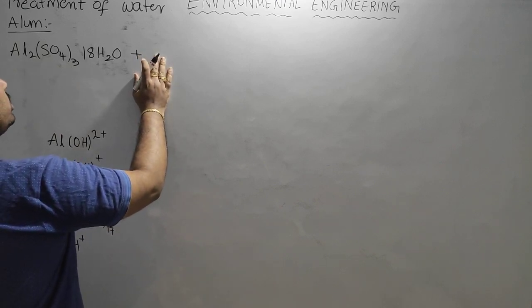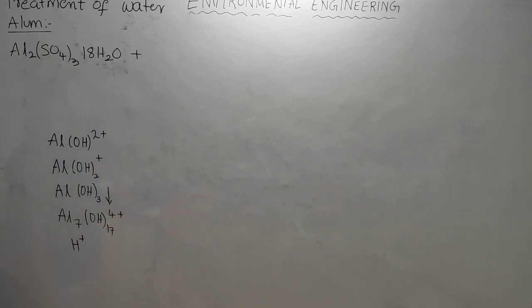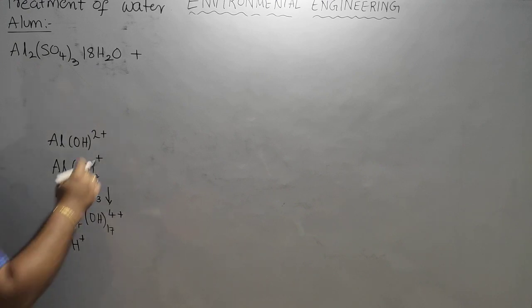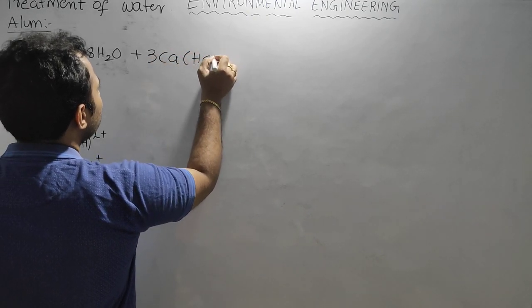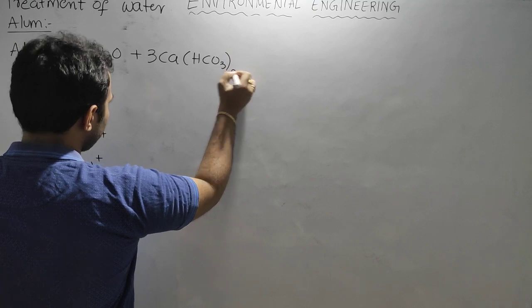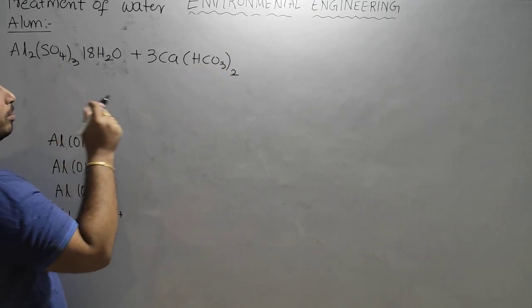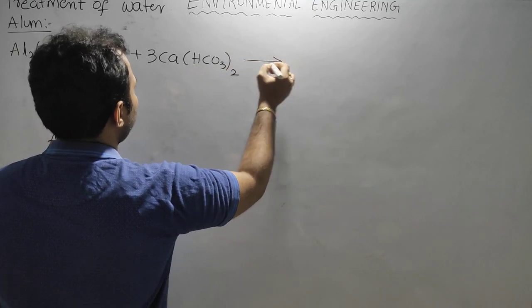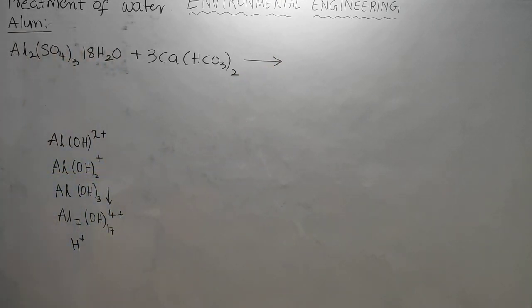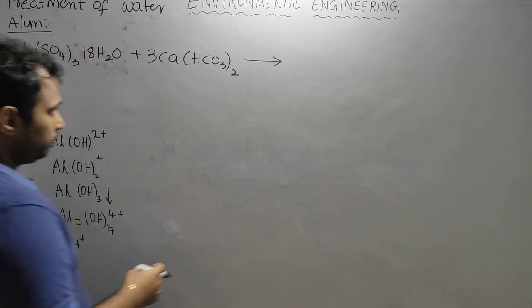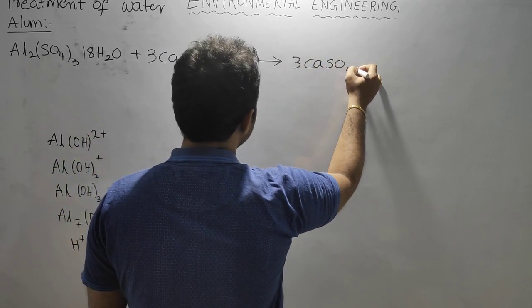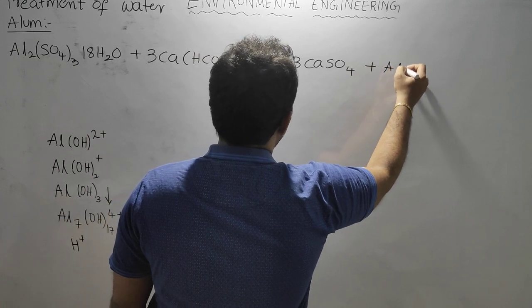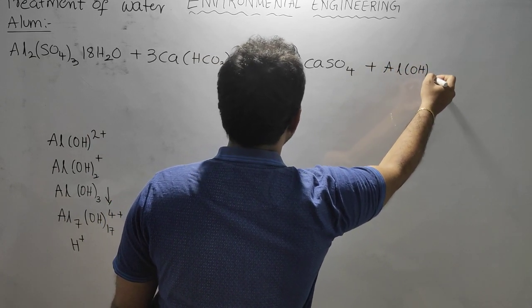So alkalinity we generally give in different ways. Here I am taking it in the form of calcium bicarbonate, Ca(HCO3)2. If you take it in the form of calcium bicarbonate, then it forms 3CaSO4 plus 2Al(OH)3.